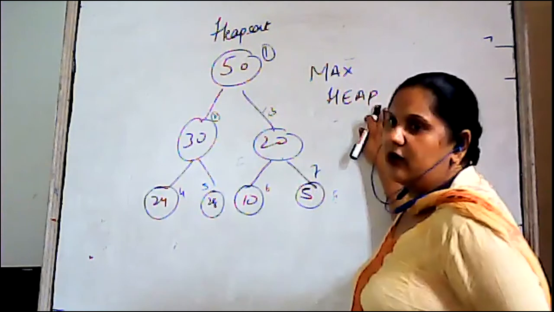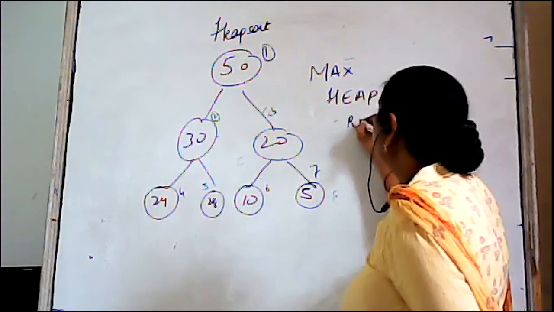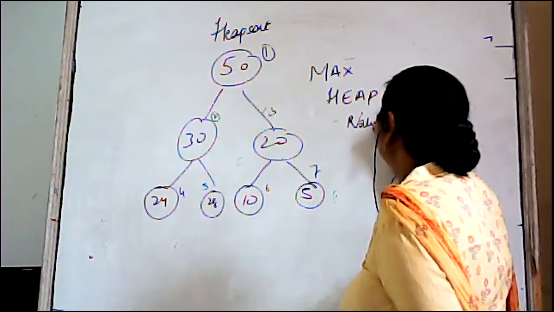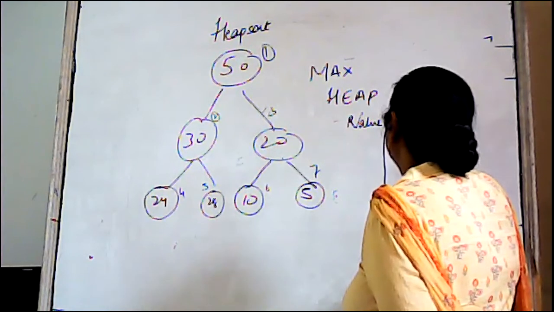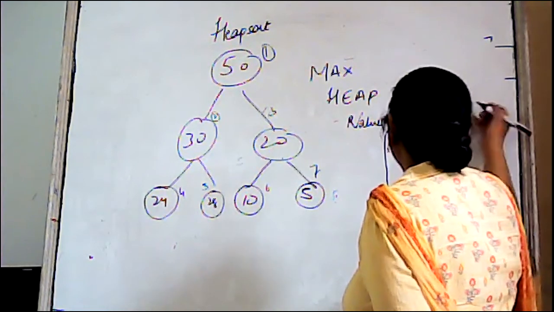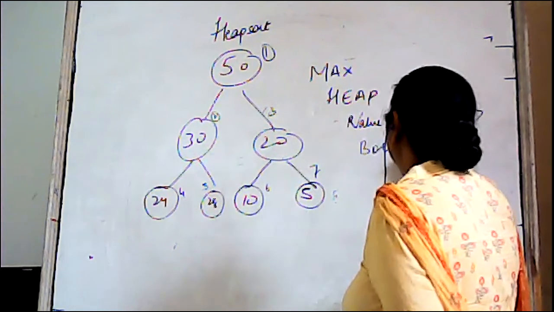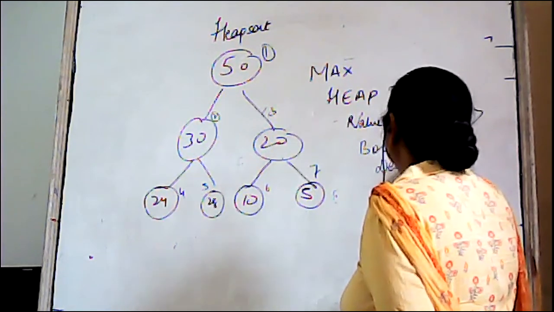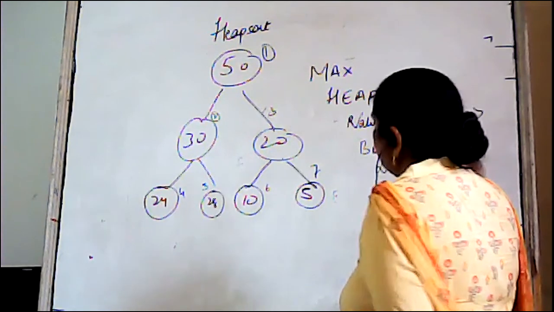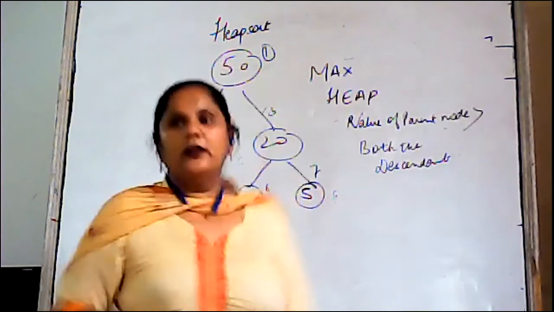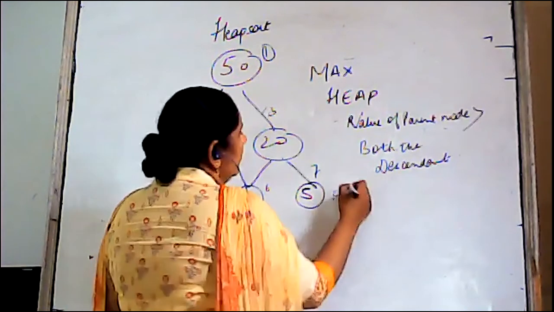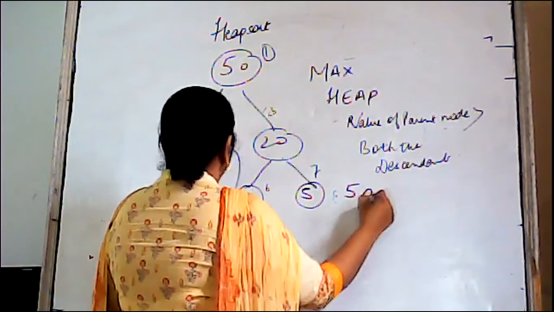So this is called max heap, where the value of the parent node is greater than both its descendants. This is also called descending order or decreasing order heap.